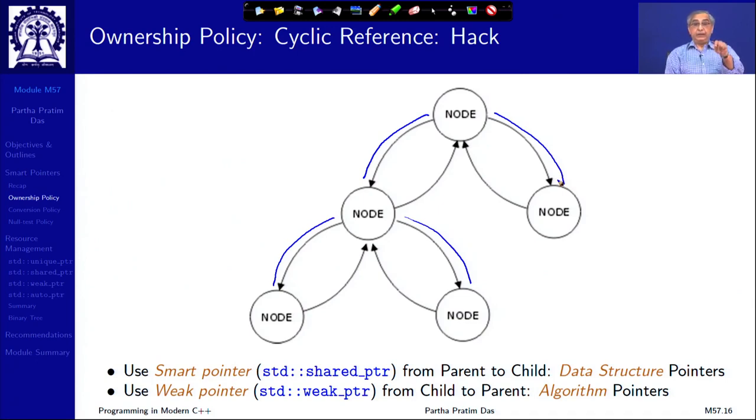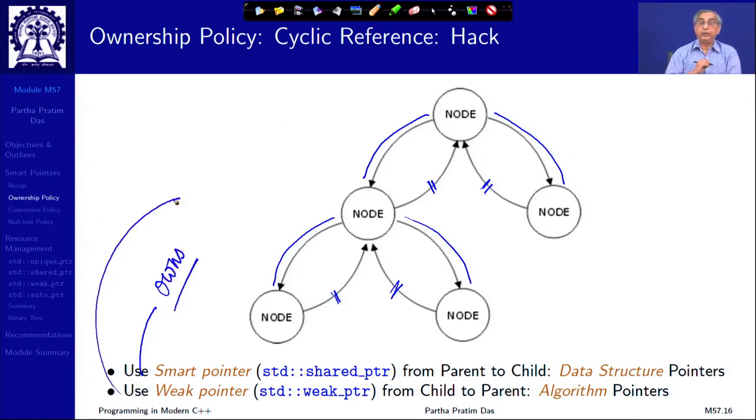A shared pointer is basically a pointer of the data structure which holds the structure together. The other ones we consider to be a different kind of pointer, which just makes references back to some node, but is really not owning the node. So, a smart pointer owns.